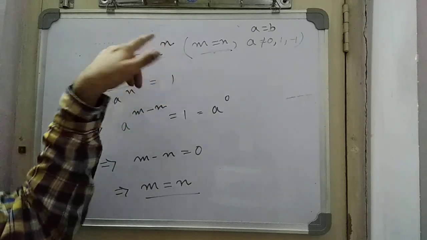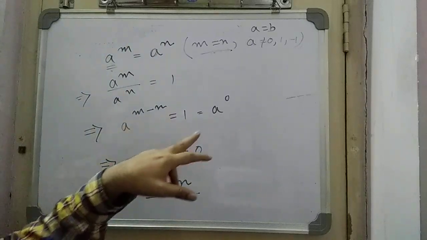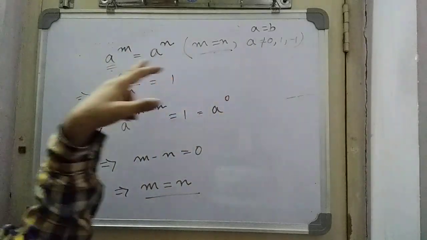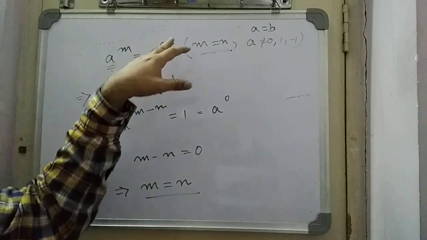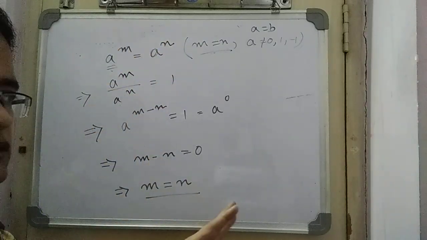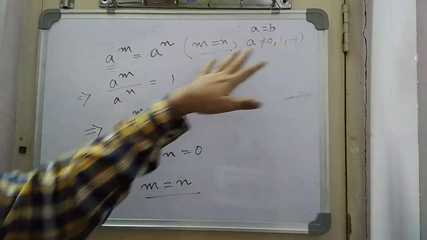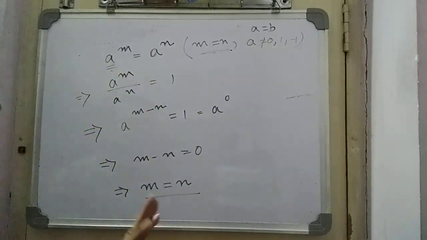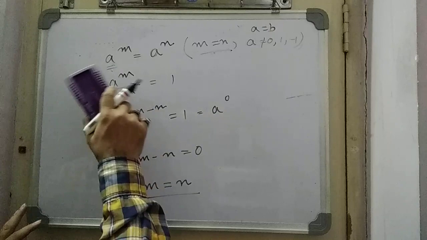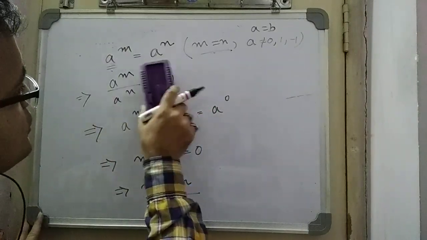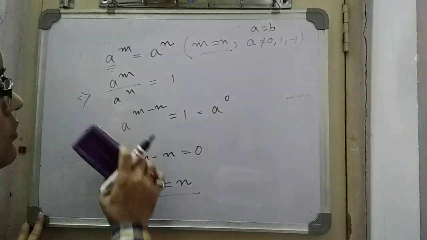Whether m equals n or not doesn't matter. 1 to the power m is always 1 and 1 to the power n is 1, so it is also an identity. So those we have excluded, so that for 2, 3 or any other real value we find a common relation, that m should be n for this to be true.